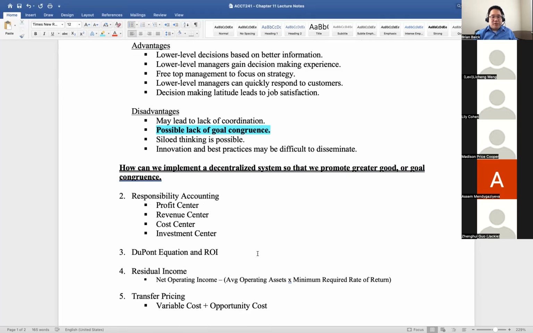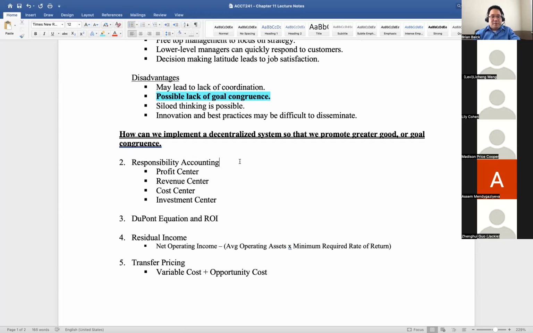Okay, let's talk about responsibility center. Responsibility center means what am I responsible for? If you are a profit center, you are responsible for revenue, you're responsible for bringing in money, and you're responsible for costs. You're responsible for bringing in money, and you're responsible for what you spend your money on.